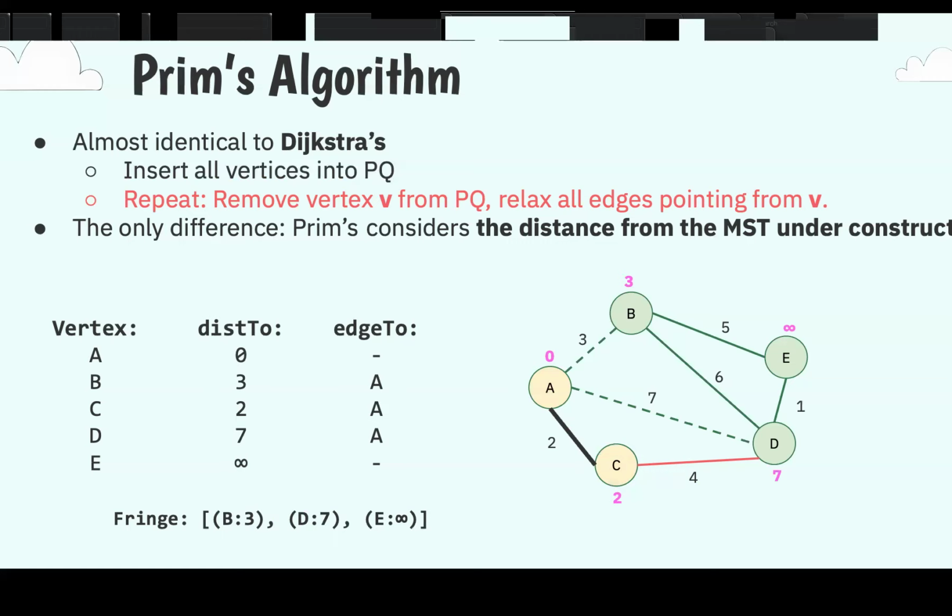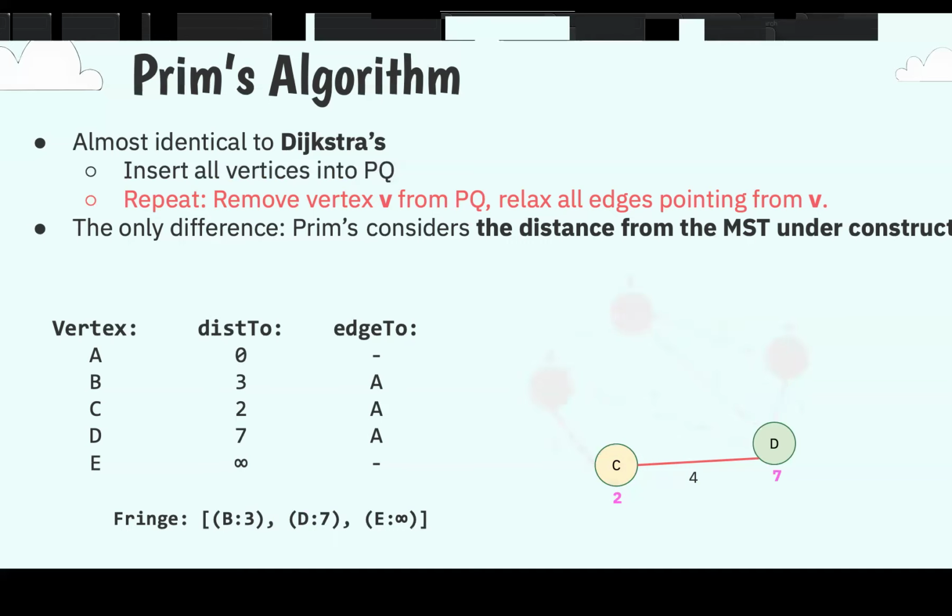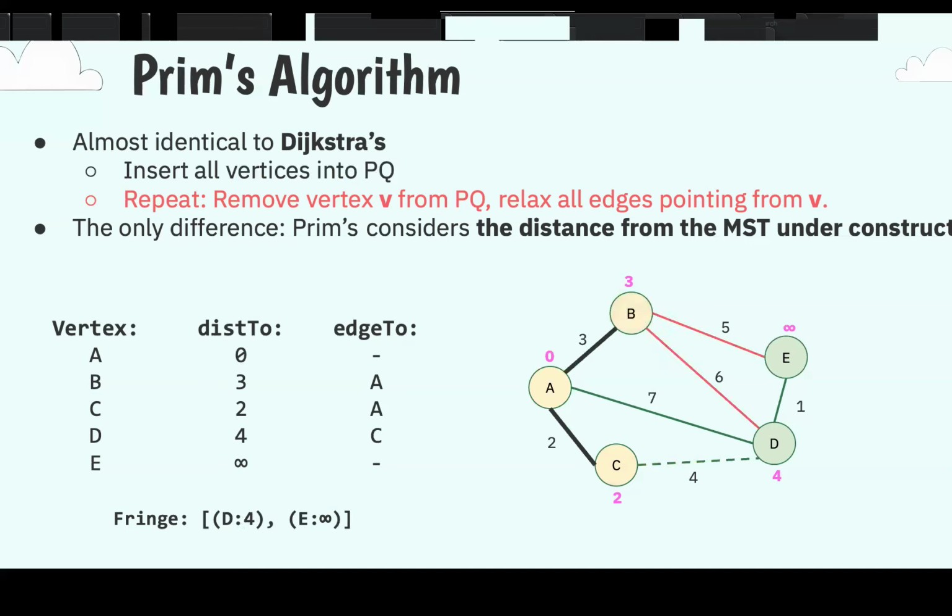So in this case, we only have to look at the edge that's outgoing from C. And then we just ask, okay, is the distance to value at D greater than the edge of 4? Once again, this is Prim's, so we only consider the edge, not the edge plus the distance to of the current vertex. That would be Dijkstra's, right? So in this case, 7 is greater than 4. So then we update the distance to and the edge to values in the priority queue. And then we do that so on and so forth.